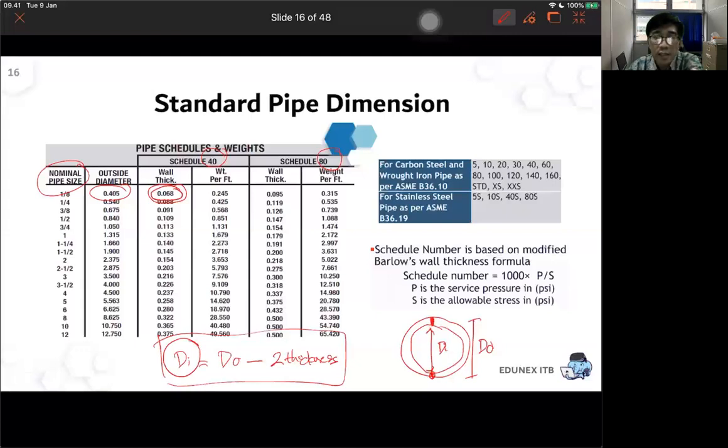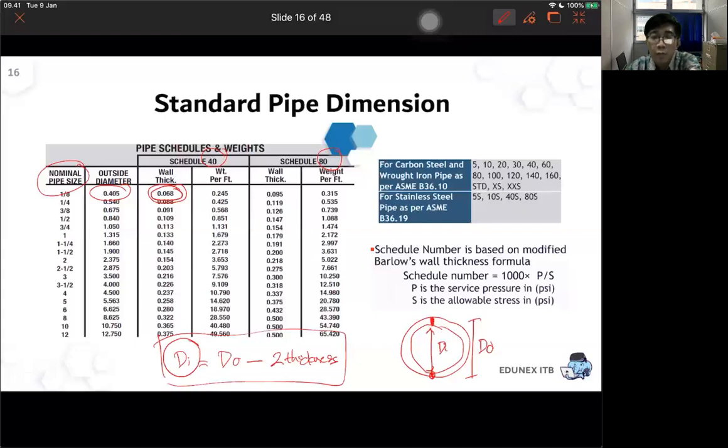Okay, the right tables actually show that the schedule numbers are different, depending on the materials of the pipe.